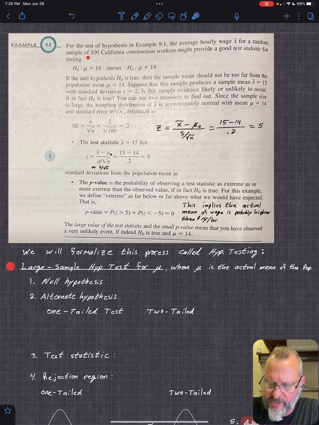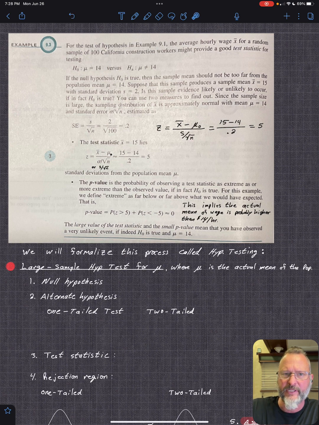Suppose you sample 100 construction workers. Your null hypothesis is that the actual mean is $14 per hour. This is an old book, remember. And the alternate hypothesis is that it's different than 14.